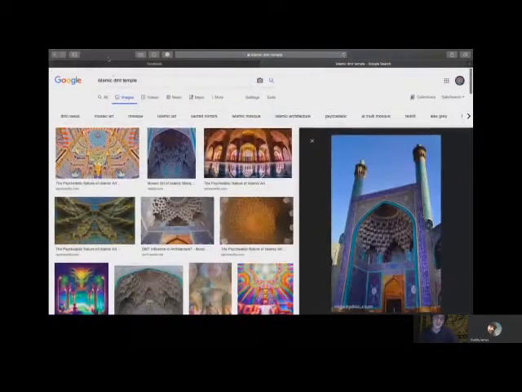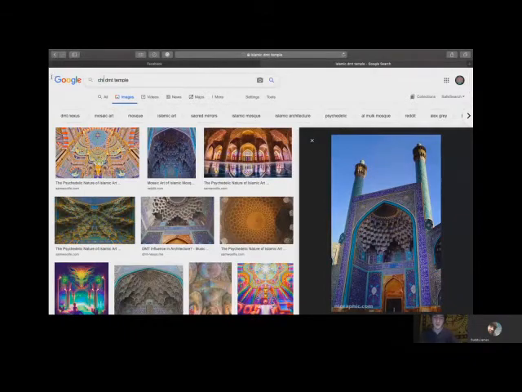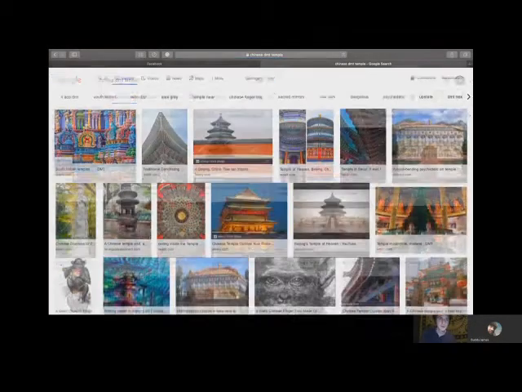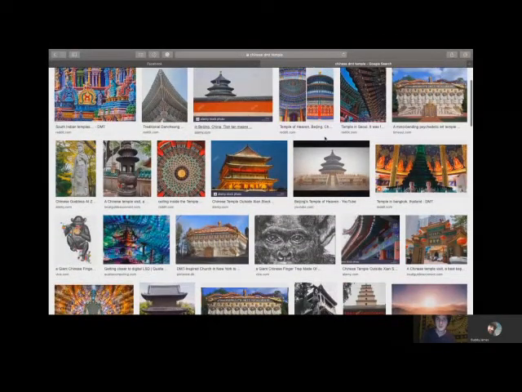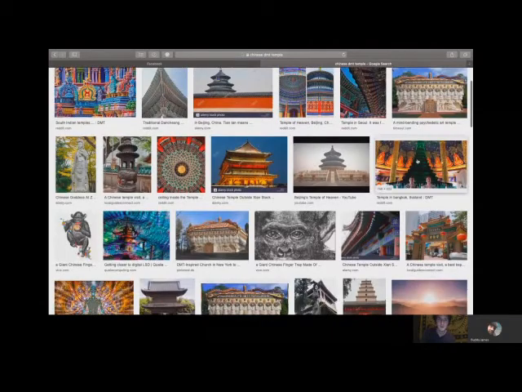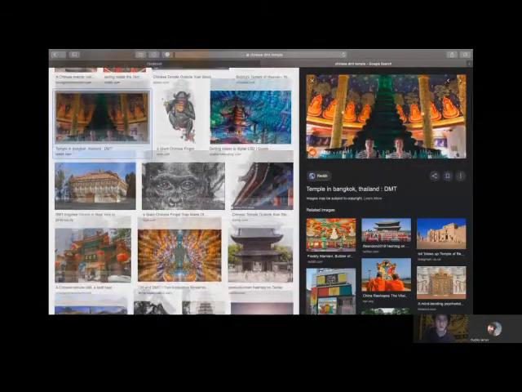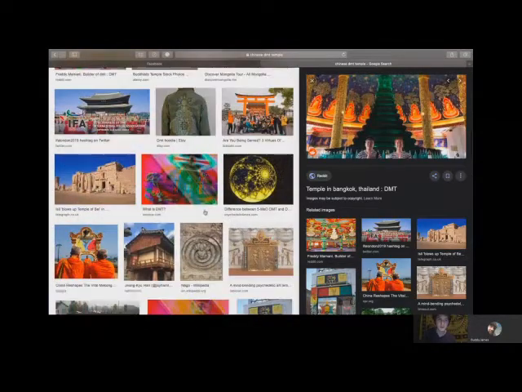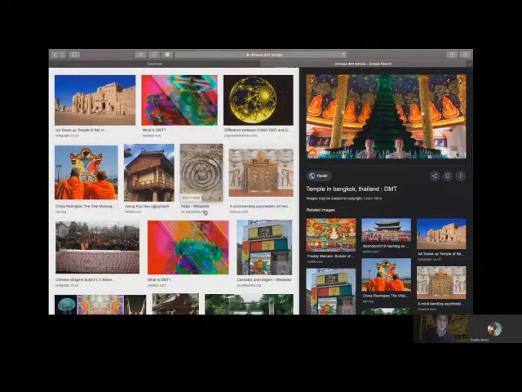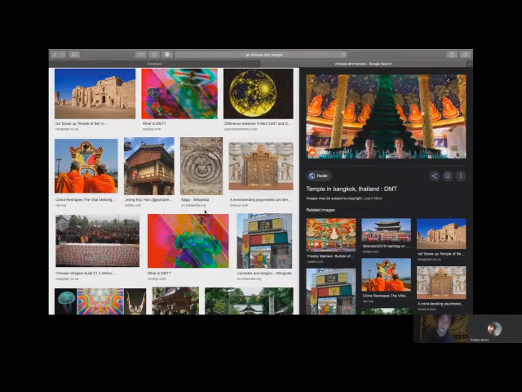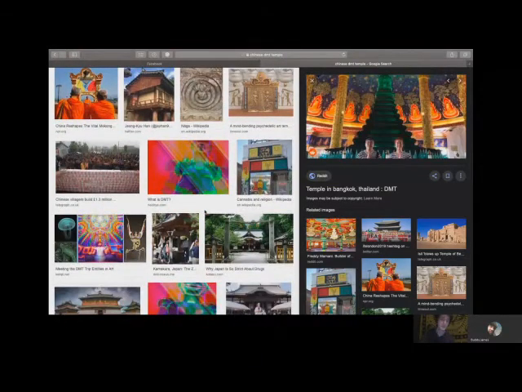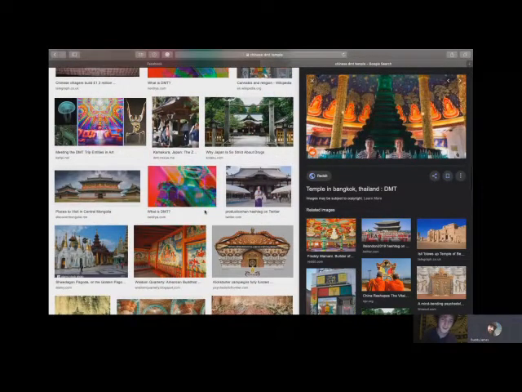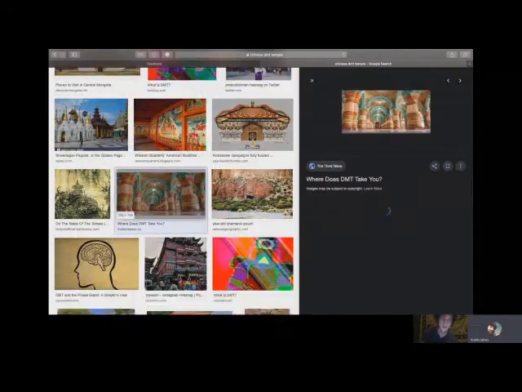Let's see if I can find any here. It's like those Hindu drawings where they have billions of gods on just one huge sheet. Oh yeah. Oh, look at this.